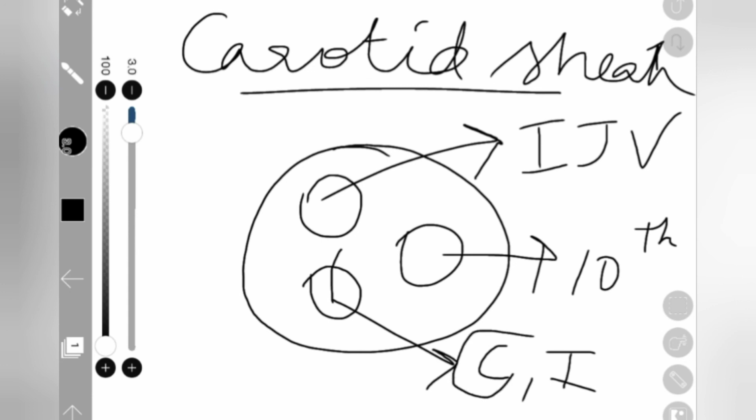The common carotid artery actually divides into two arteries, internal carotid and the external carotid. So the internal carotid artery is present here along with the common carotid artery. So these are the contents of the carotid triangle.